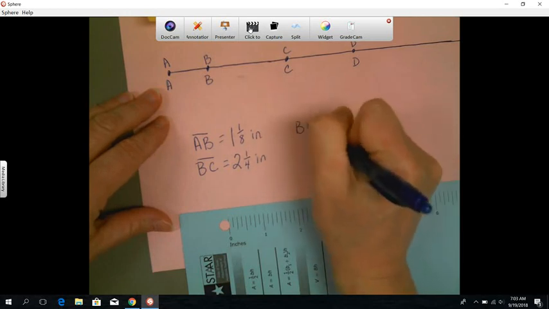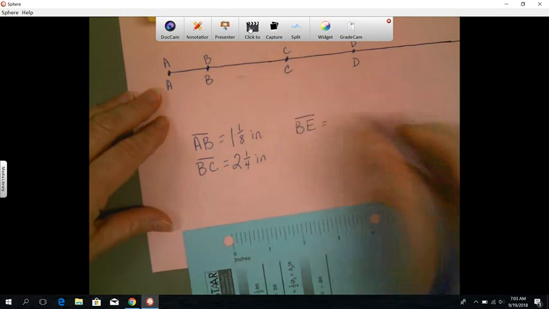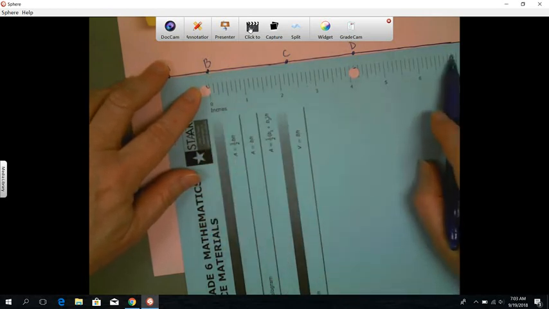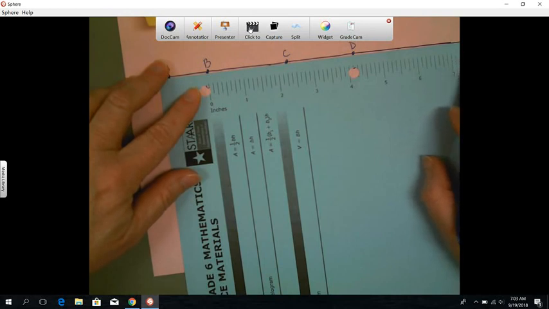BE. So we're going all the way from B all the way down to E. So I'll line up my 0 on B, and I've gone over all the way to 7 here, but then I've gone over 1, 2, 3, 4, 5 more sections.